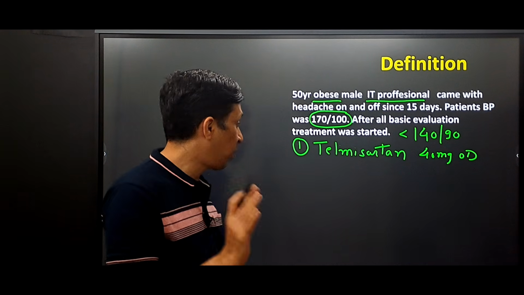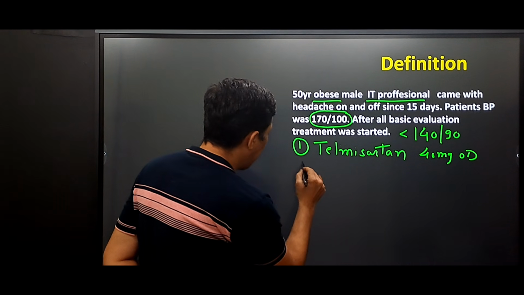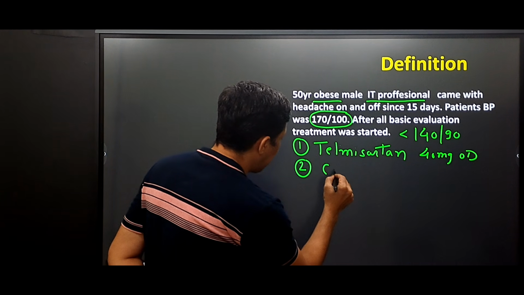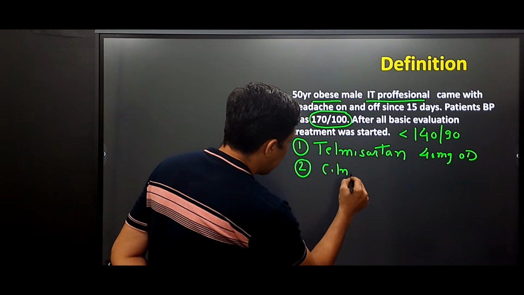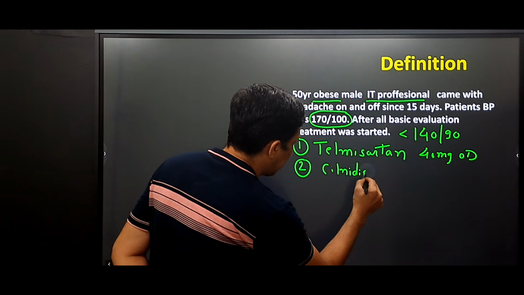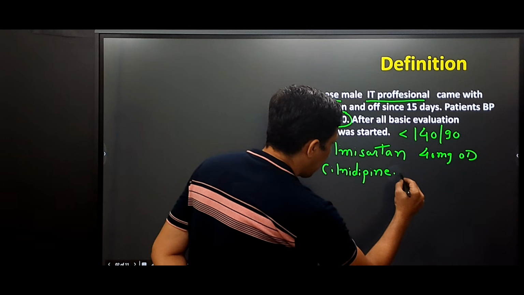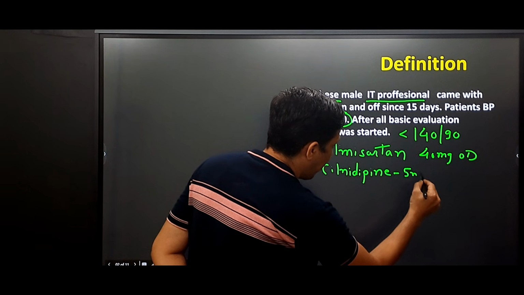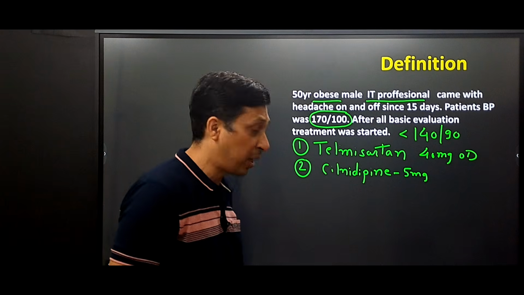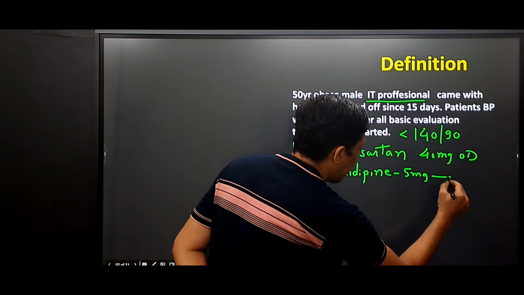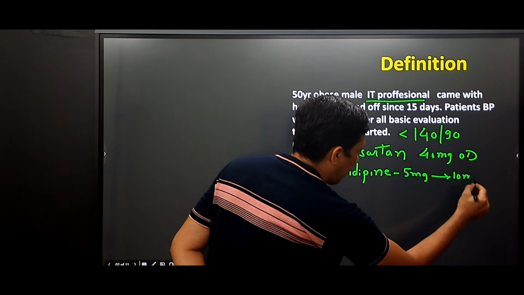But BP is not under control. Then you add another drug, that is cilnidipine, which is a calcium channel blocker. You first start with 5 milligram OD, but since there is no adequate response, you increase it to 10 milligram.